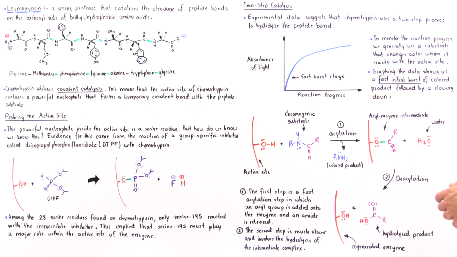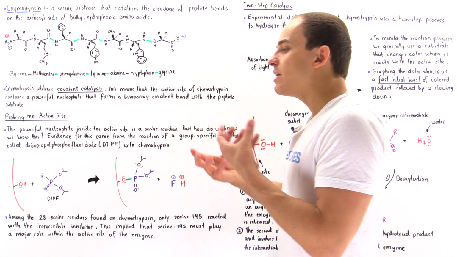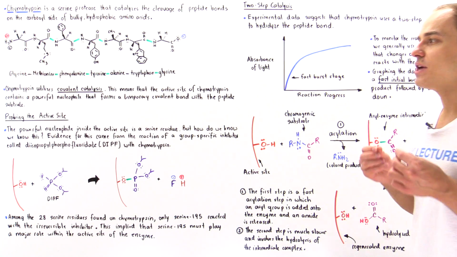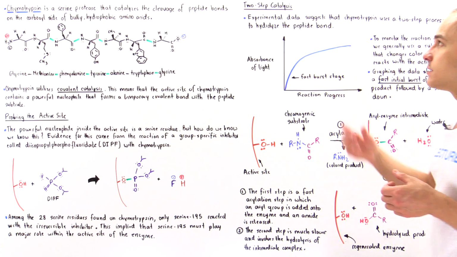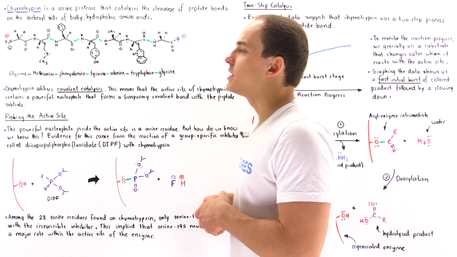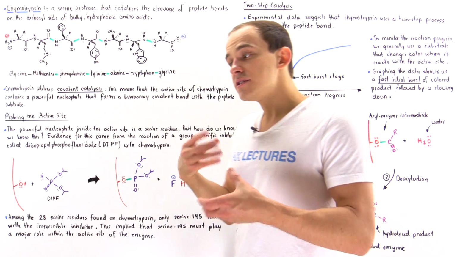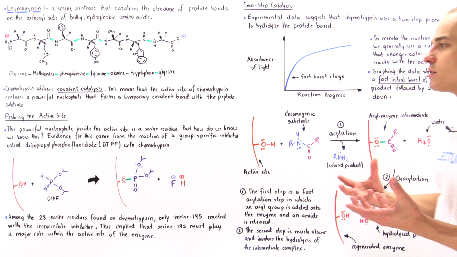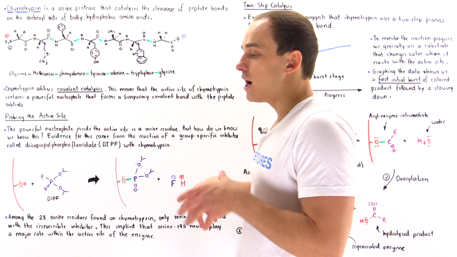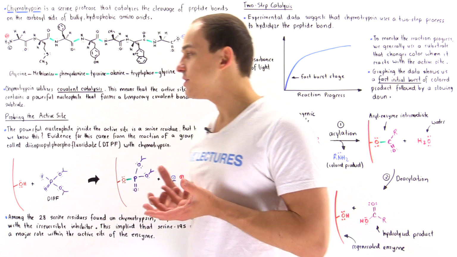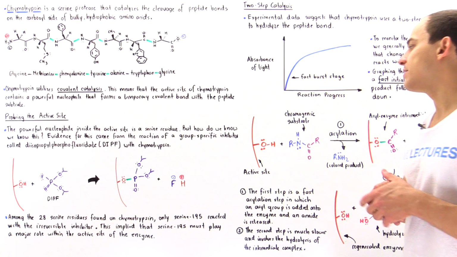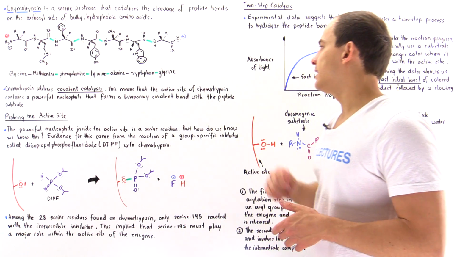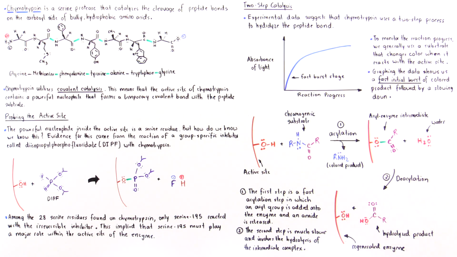Now, the next question is, what is the general description of the reaction mechanism that takes place inside the active site? Basically, it's a two-step catalytic mechanism, and we'll discuss the steps in much more detail in the next several lectures. In this lecture, we're simply going to paint a general picture of what takes place inside the active site and how serine is involved in breaking and catalyzing those peptide bonds.